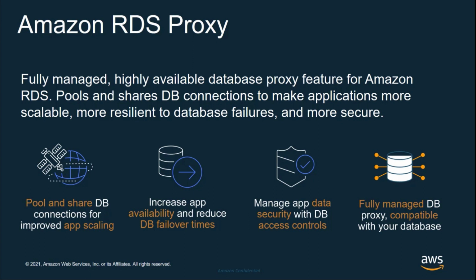Also, it improves security by optionally enforcing AWS IAM authentication to the database and securely storing credentials in AWS Secrets Manager. Note that Amazon RDS Proxy is now generally available for Aurora MySQL, Aurora PostgreSQL, RDS MySQL, and RDS PostgreSQL.